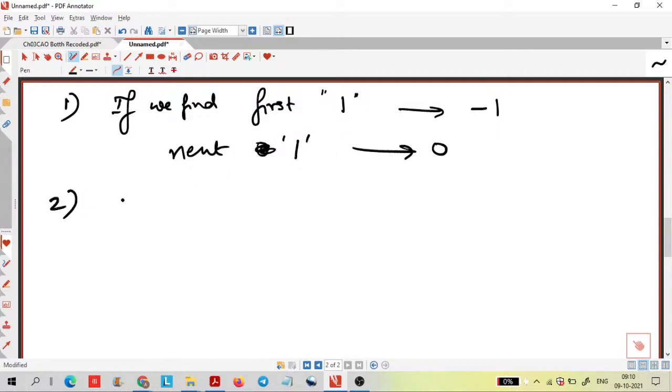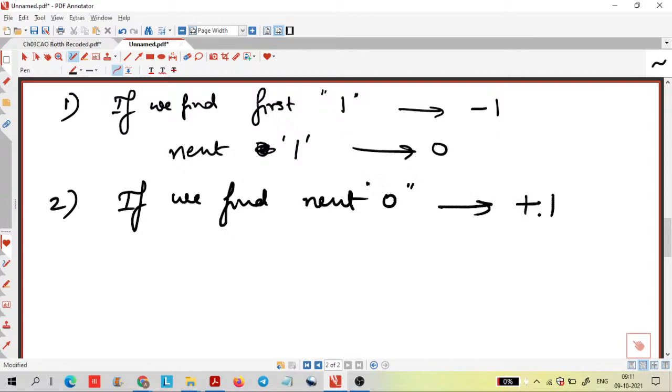And the second rule is that if we find the next 0 after a 1, then write it as +1.